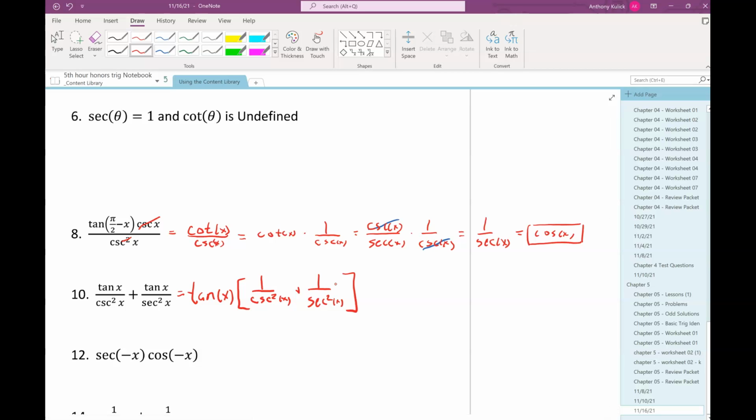And then I recognize 1 over cosecant squared is sine squared, just using one of my reciprocal identities. And similarly, 1 over secant squared is cosine squared.